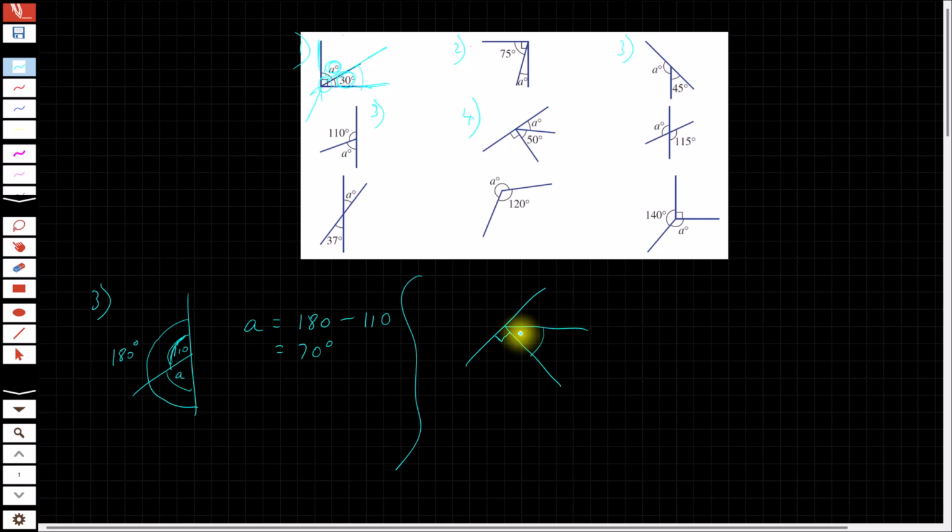They have measured this angle to be 50, but they don't know this angle here, A. So if we know this is a straight line, and we know that this one is 90 degrees to this line, we know that the other part of it has to be 90 degrees, because a straight line going back onto itself is 180 degrees, so 2 times 90 degrees. So A equals 90, take away 50, equals 40 degrees.